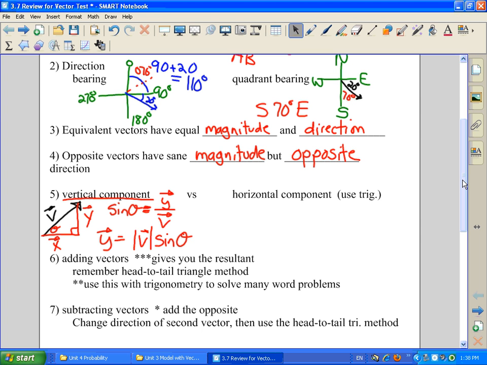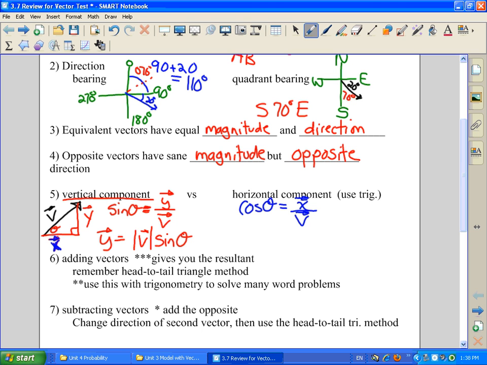Likewise, if we go to do the horizontal component, maybe we'll just change this to blue and then they'll kind of match. Horizontal component, based on the angle theta, that's the adjacent side, and with the vector, it is the adjacent and the hypotenuse, so that tells us we're going to use cos theta. So cos theta equals the x component over the vector.